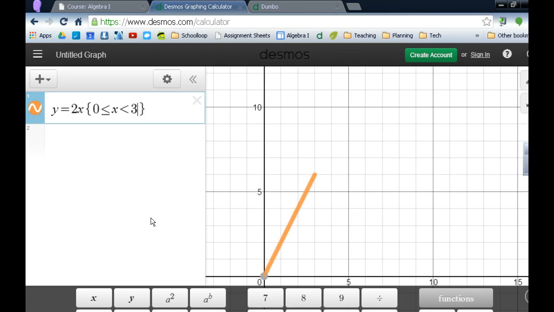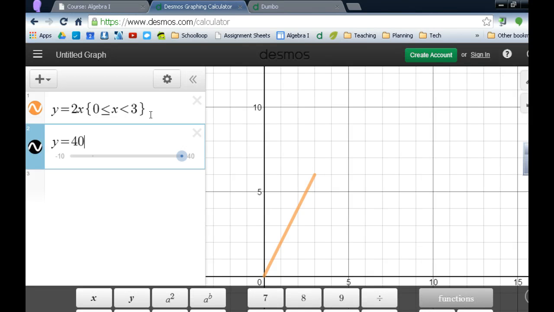So you can see in Desmos, it works the same as the piecewise. Instead of the word if, we have this in parentheses. And then you can type in y equals, what is it? 40? From what?